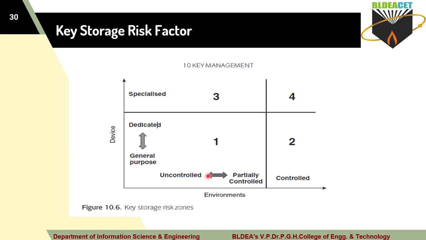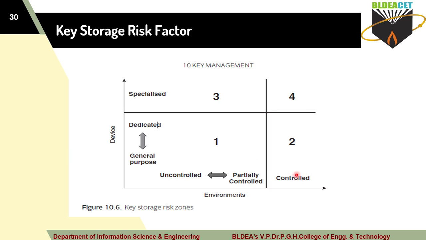Whereas in uncontrolled, everyone can access. In the shopping mall, if you want to go window shopping, everyone has the authority to browse, because they do not need a security key to access things. Whereas partially controlled may be any home system or office system, where you require partial control.